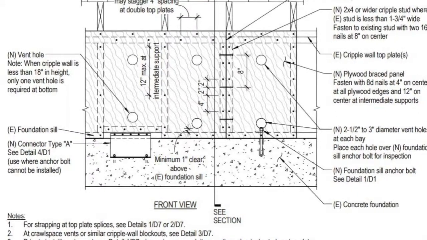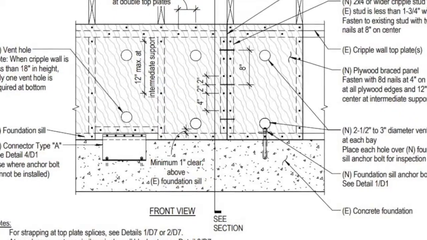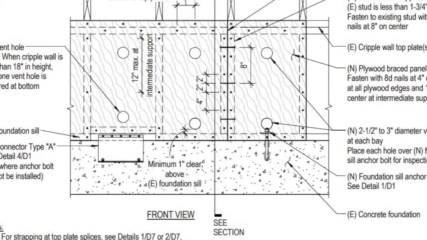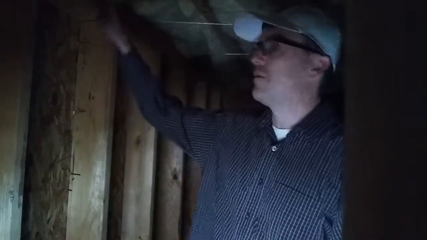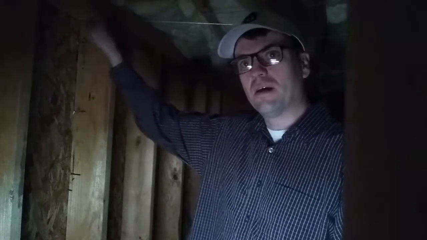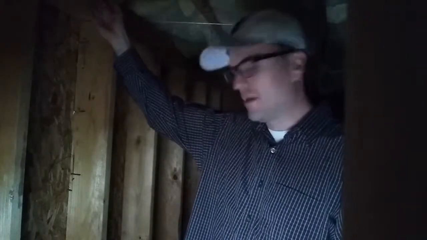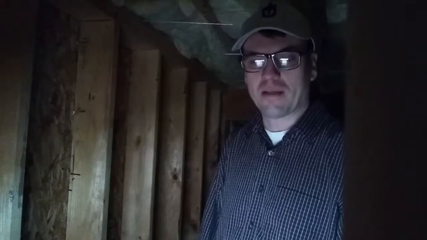So again, you have to complete the entire load path. I'm attaching a sample detail of how a typical piece of plywood is applied to the interior side of a crawl space. You have to have clips from the rim joist to the double top plate here, and then the load path has to be connected from the double top plate through the plywood and the nailing all the way down to the mud sill, and then the either retrofitted anchorage or existing anchors if they're sufficient to complete the load path into the foundation.